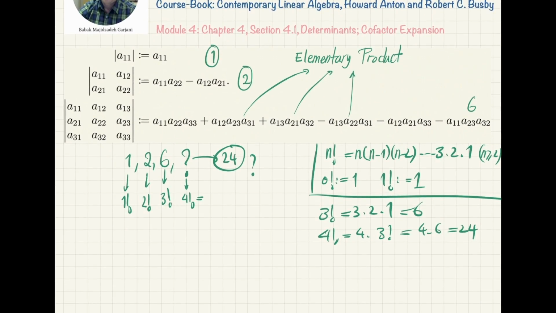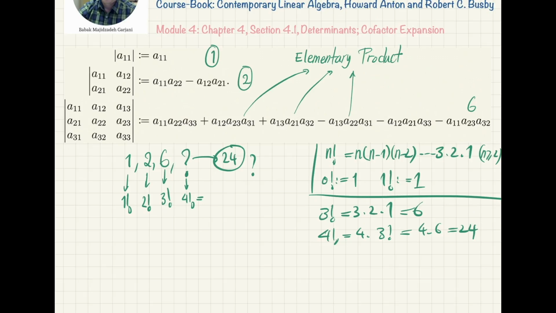Let us focus here, and then pick one of them. By the way, you see that the first indices in each elementary product are always 1, 2, and 3 in this case. 1, 2, 3, the first indices. 1, 2, 3, 1, 2, 3, and etc. All of them are 1, 2, 3.